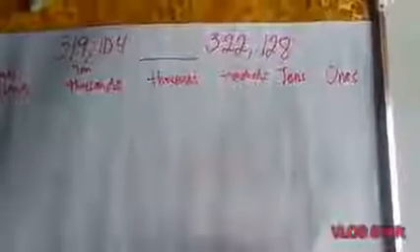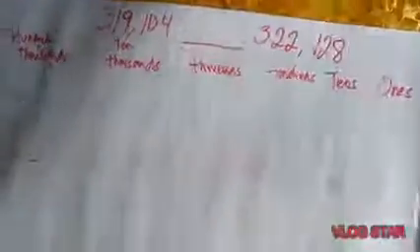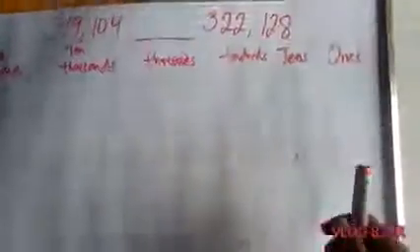Let's compare 319,104 to 322,128. Which is greater among the two numbers? We will use the place value chart to determine.